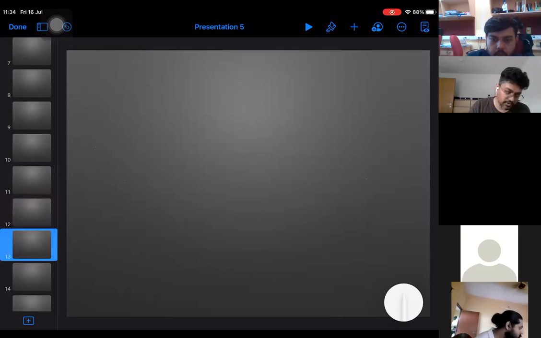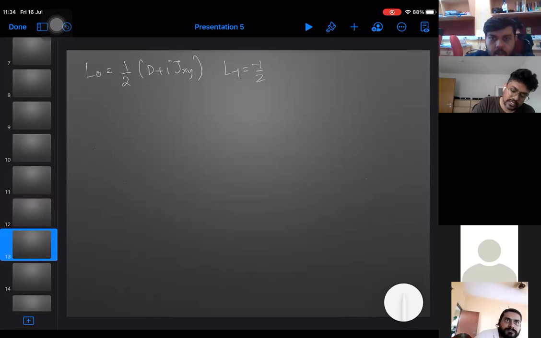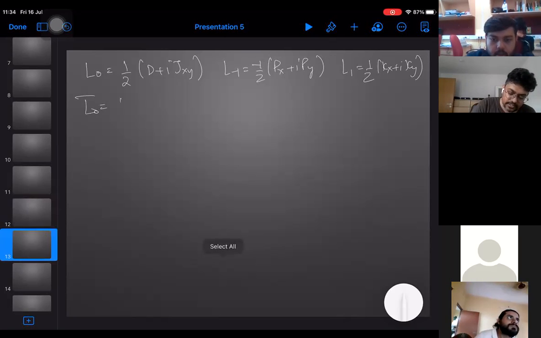okay, let's move on to the next page. For example, let us define L0 as some d plus ijx, L minus 1 as minus half px plus iqy, and L1 as half kx plus iky. This is for the L's. Similarly, for the L0 bars, for the bars, let's take the other combination, just the opposite to that. First you took the plus, now you will take the minus.